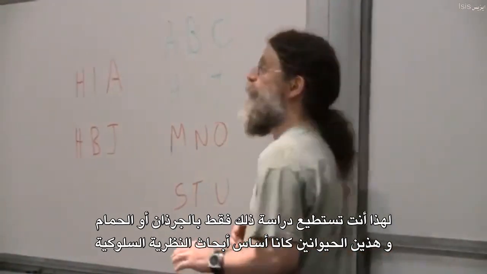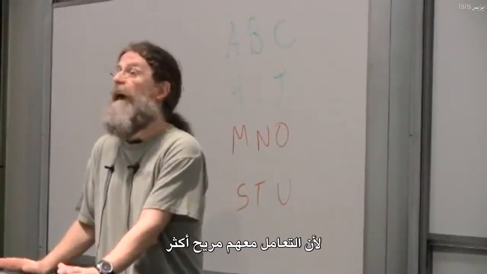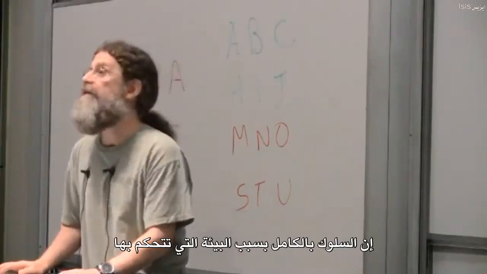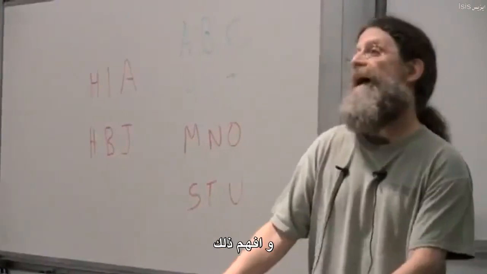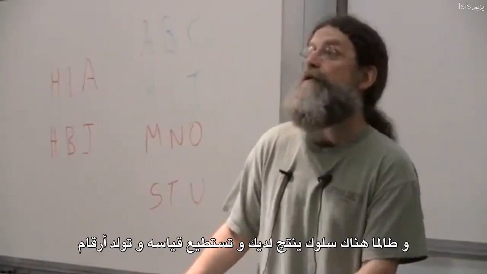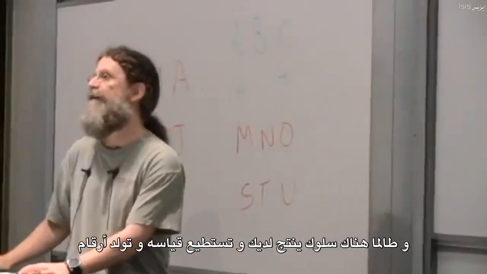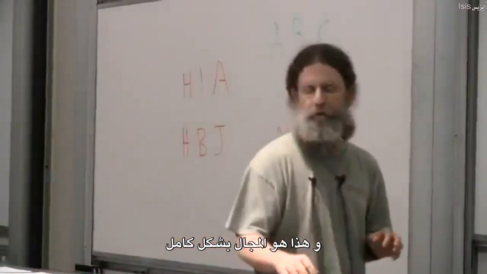Those were the two backbones of behaviorist research because they're a lot more convenient, and you can study it in a lab because it's the exact same thing. It is purely a function of the environment you're controlling. And as long as there's some behavior coming out the other end that you can measure and generate numbers, you are doing scientific psychology, and this is what the whole field was about.